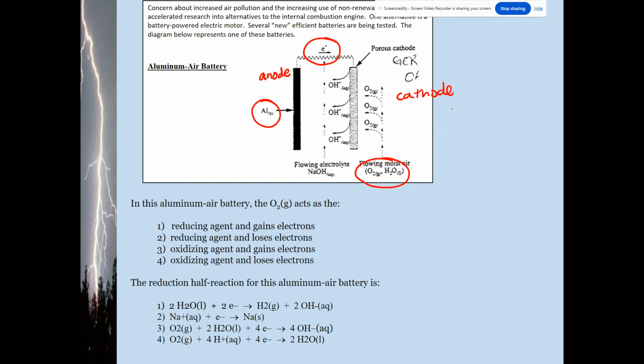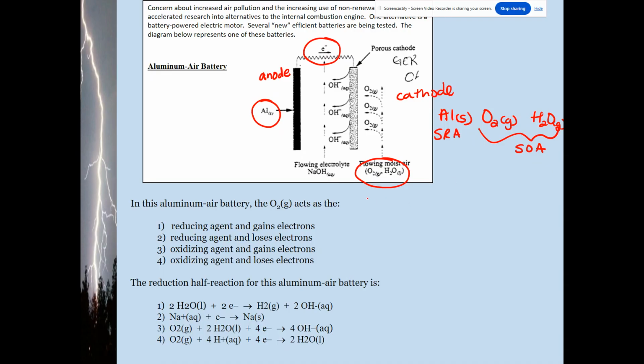So if I list everything that I have to find my half reactions, we have aluminum solid, oxygen gas, and water. And so I want to find my SOA and my SRA. So my SRA would be the aluminum, but my SOA, actually, oxygen and water together are on that chart as an OA, and between that and just pure water, they're the SOA, okay?